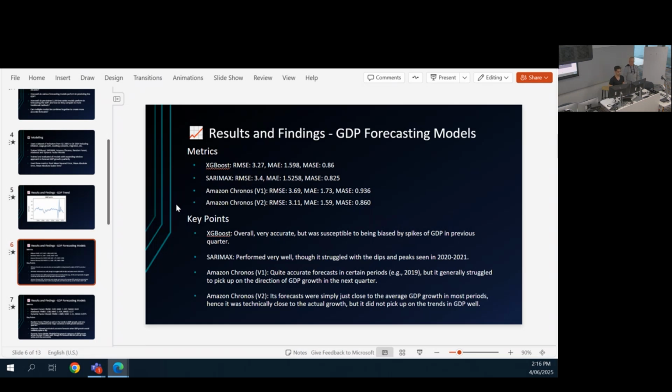The one which forecast 1 quarter ahead was quite accurate in certain periods, especially 2019, we found. But it didn't quite capture the trend of GDP well. Version 2, the one that forecast 2 quarters ahead, also did not quite capture the trend well, and its predictions were much more smoothed compared to the first version of the model.